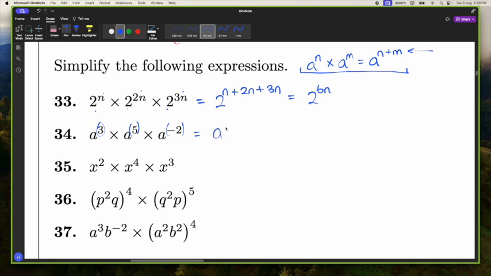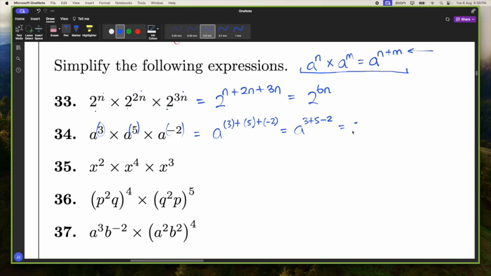So a to the power of 3 plus 5 plus minus 2, right? So this gives us a to the power of 3 plus 5 minus 2, because this plus doesn't really matter there anymore.